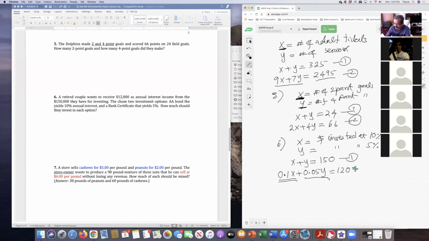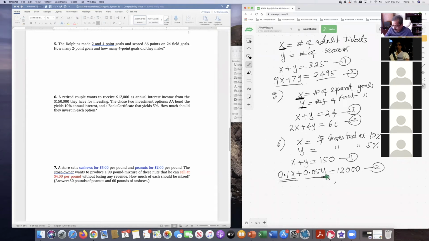I think I was using the substitution technique. Yes, you were trying to put the 2 equations into 1 equation. Don't do that. Always write them as 2 separate equations in the 2 unknown quantities. So this second equation is equal to 12,000. Okay, so that's the second equation. Always write the equations as 2 equations. You were trying to replace this Y with the 150 minus X. I don't want you to do that.